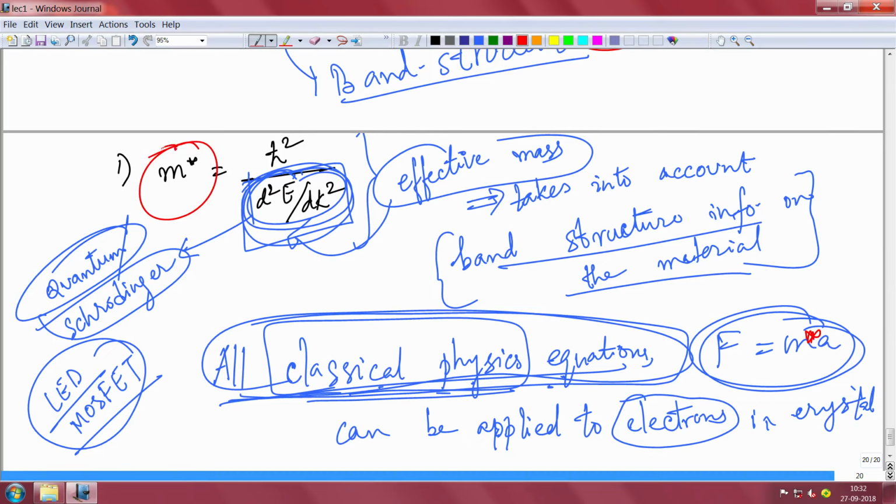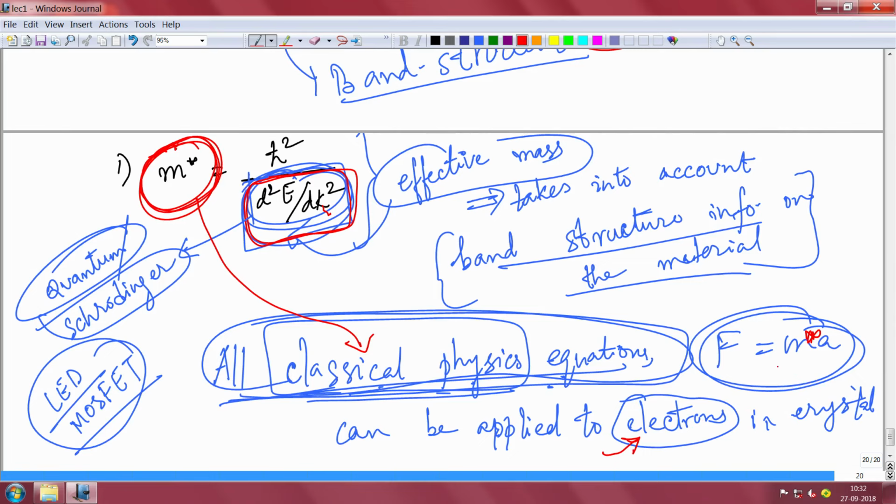As long as you use effective mass, you include the quantum mechanical information inside this particular term, which you do not have to solve; it will be given. So we are free to use classical physics equations on a subatomic particle like an electron and still get fairly accurate results or mathematical understanding of the devices.